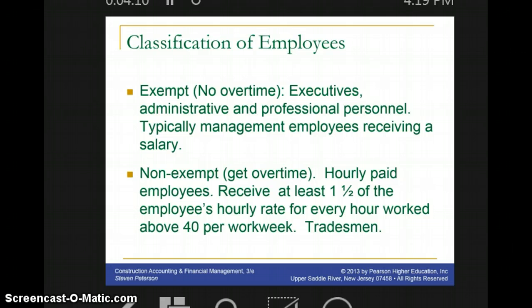The non-exempt employees are the ones that are entitled to overtime pay, typically time and a half for every hour worked beyond the 40-hour work week, and that would be the tradesmen or trades personnel that fall in this category.